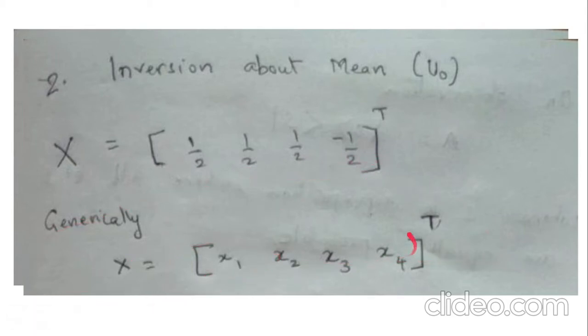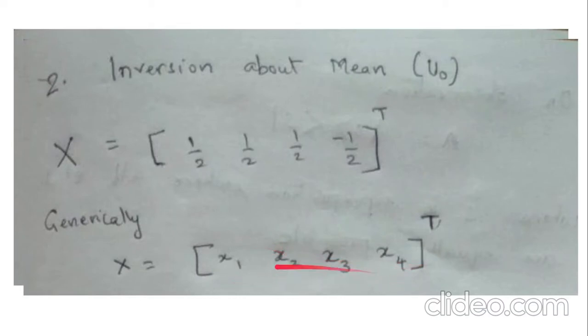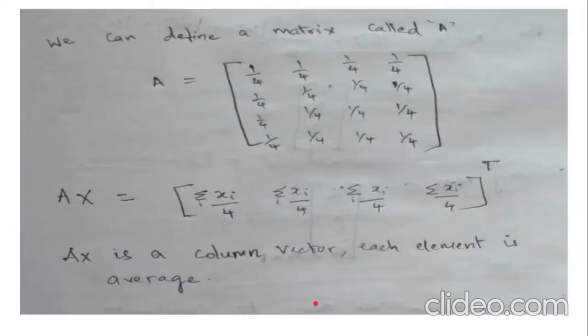Generally we can write x as this column vector x1, x2, x3, x4. Now we define a matrix A where each element is 1 by 4. When you compute AX, each element is the average of x1, x2, x3, x4.